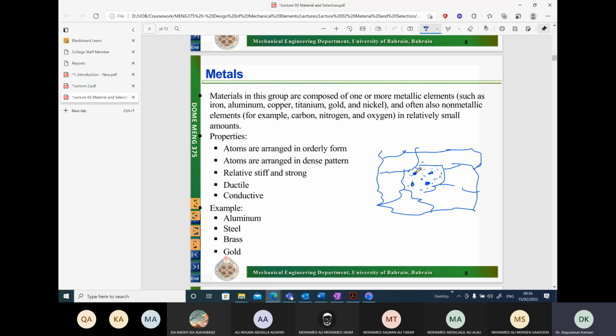If the nucleus of the atoms cannot vibrate that easily, then it becomes a very bad thermal conductor. It is a good electrical conductor because the electrons are free to move. They are free to move, and therefore it is also a very good conductor of electricity. So this is the general case.